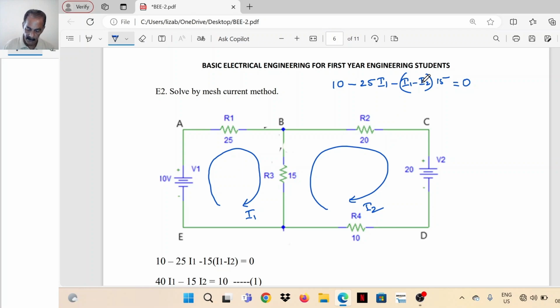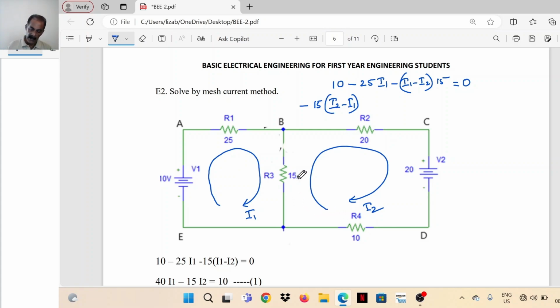The second one we will start from here. While writing the second mesh current equation, take the current through the 15 ohm resistor as I2 minus I1, I2 minus I1 into 15, with a negative sign.